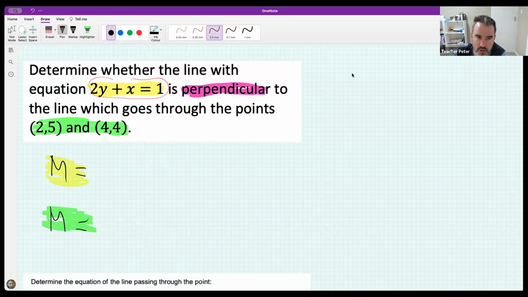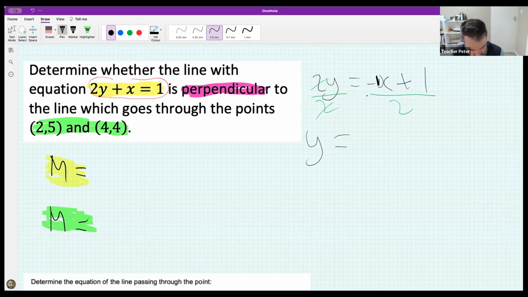But I think what I'm going to do is I'm just going to move the x to the other side, and I get -x + 1. And then I'm going to do what you said. I'm going to divide both sides by 2. And then I get y is equal to, now this is where I have to be careful. There's a phantom -1 in front of the x.